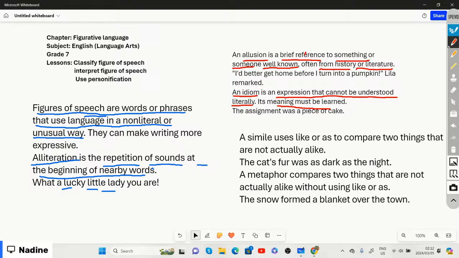For example, the assignment was a piece of cake, which means that the piece of cake has its own specific meaning. It means that it was easy, right? So they are using an idiom, like a piece of cake, which we know means that it is easy.